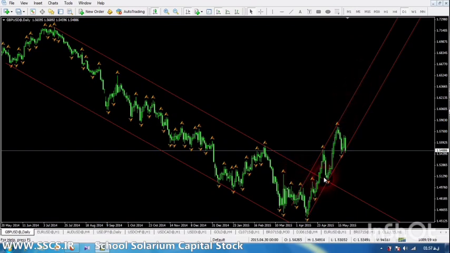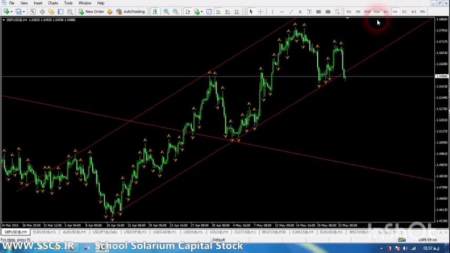For example, when I start a buy trade here, I want to know how long I should continue the order. How long is it going to go up? For example, I have started buying on my 100 level here, but how long is it going to go up? I'm going to use the Fibonacci chart.